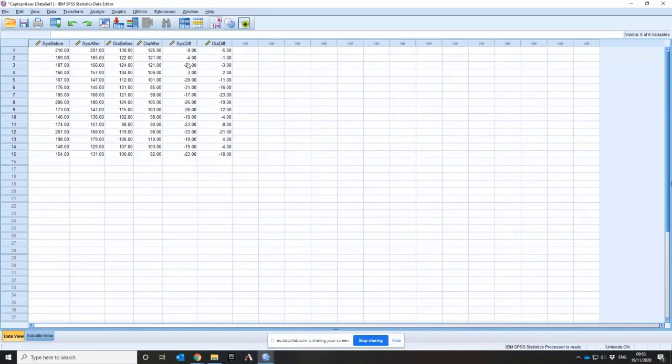Some of them are a bit bigger, but most of them are around the size of the variation amongst the participants. And the same is true for the diastolic, where there was a difference of 11. So in some cases, you wouldn't detect any difference whatsoever. If I was comparing the average before and the average after, it's very difficult to see any kind of difference if you don't compare it on an individual level, because there's so much variation within the population itself.